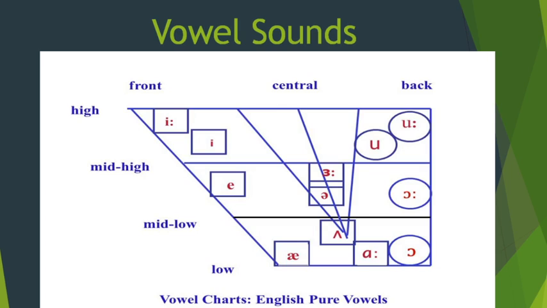Yes, it is very near to half close. So front, half close. Now tell me whether it is a long vowel or short vowel? Short vowel. Okay. Please note down the description. Front, half close, short vowel.